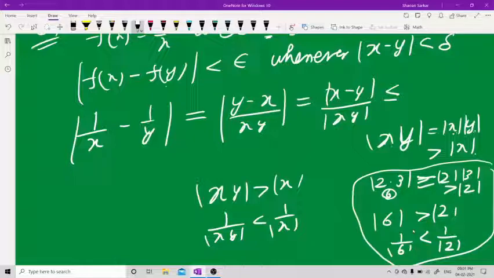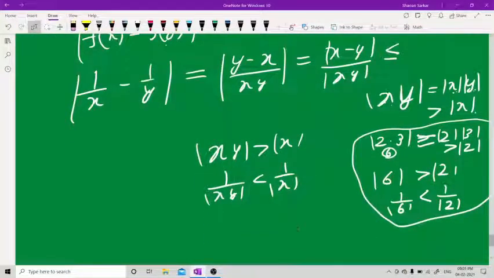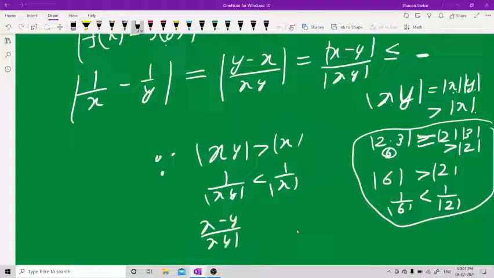Now multiply both sides by mod x minus y. So what do you get? So mod x minus y times 1 upon mod xy is less than mod x minus y times 1 upon mod x, no problem.